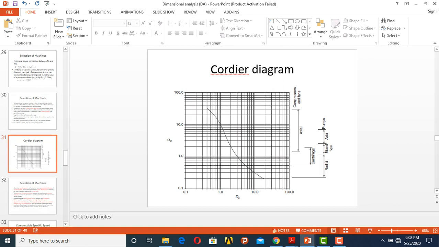So this is a diagram reflecting the specific speed to specific diameter.